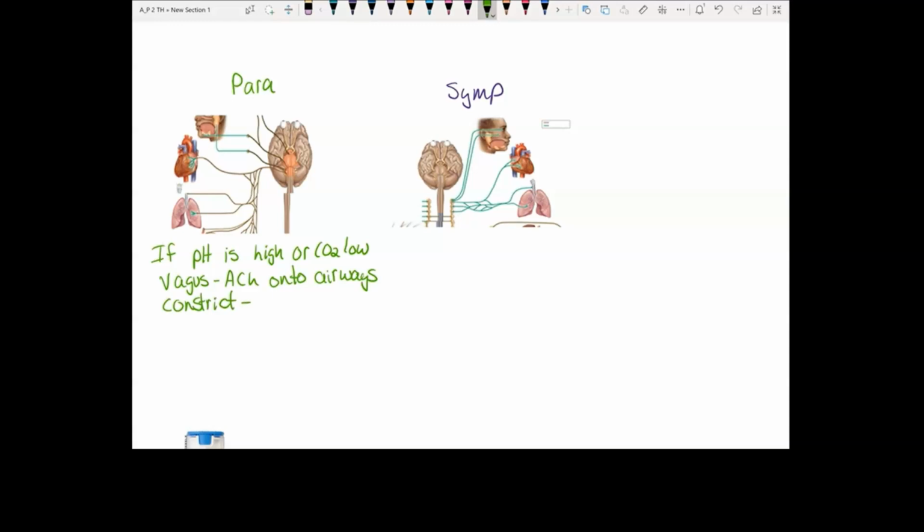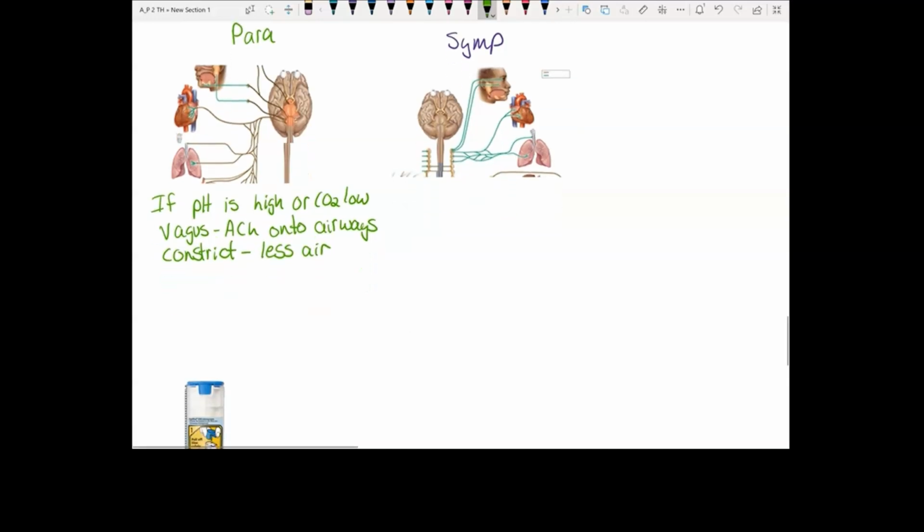If they constrict, this means you will get less air moving in and out with each breath. So this means you will retain carbon dioxide. And if you retain carbon dioxide, then your CO2 goes up and your pH goes down. And this is what you do when you are resting.